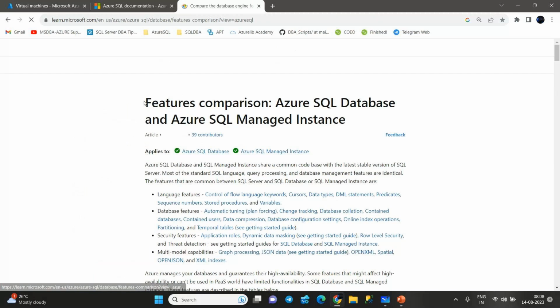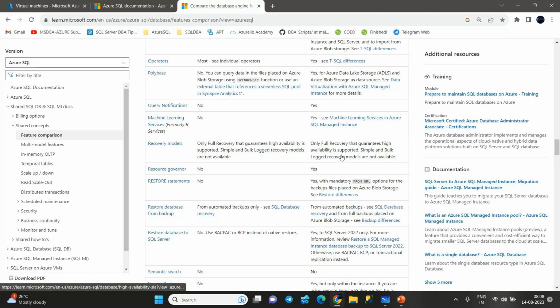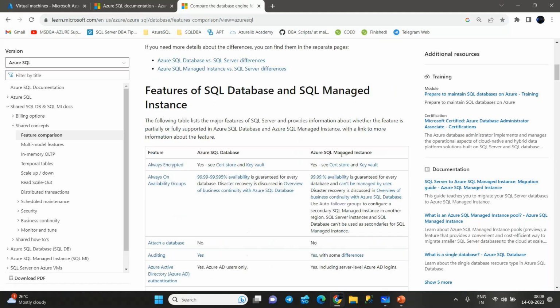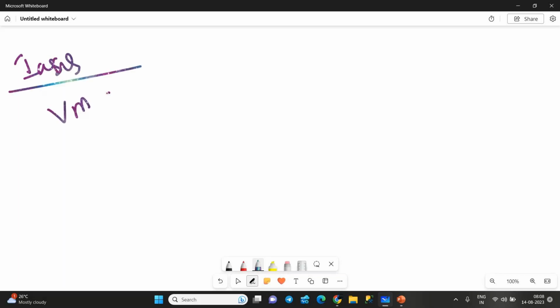Okay, no worries, sir. Now for example, you are having three platforms when you start deploying your SQL to the cloud. If you decide to go to the cloud, you have three platforms. One is IaaS, which means nothing but SQL on VM.